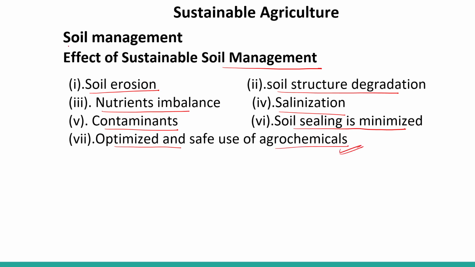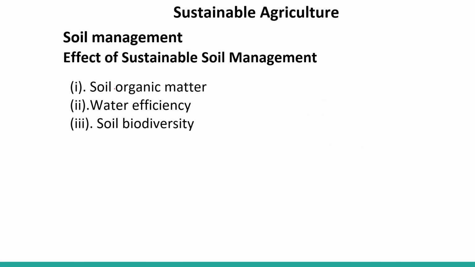So if we manage the soil, then we are able to manage all these problems. Other effects of sustainable soil management are that soil organic matter can be added, and there is water efficiency and soil biodiversity. So this is all about this session.